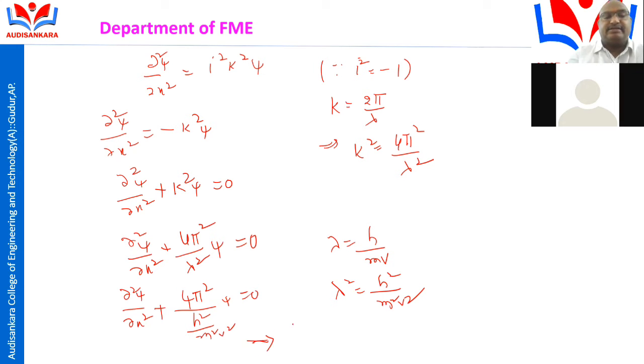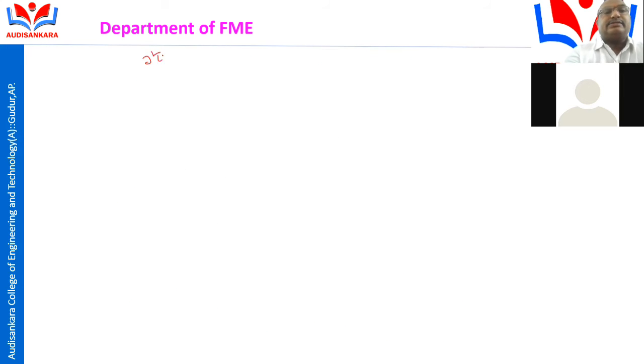It can be written as dou square psi by dou x square plus 4 pi square m square v square by h square into psi is equal to 0. So, my dear students, dou square psi by dou x square plus 4 pi square m square v square by h square psi is equal to 0.